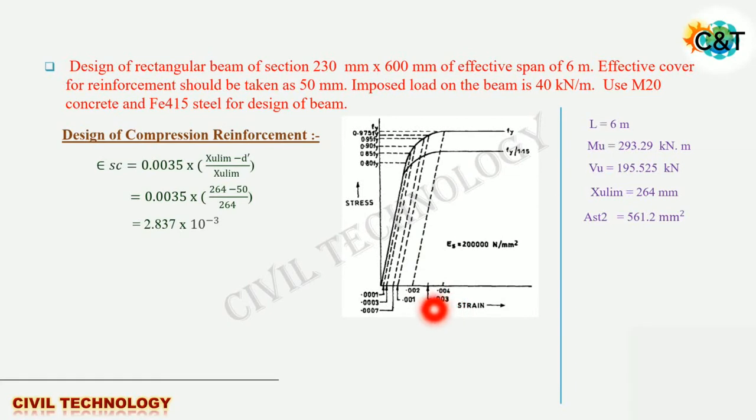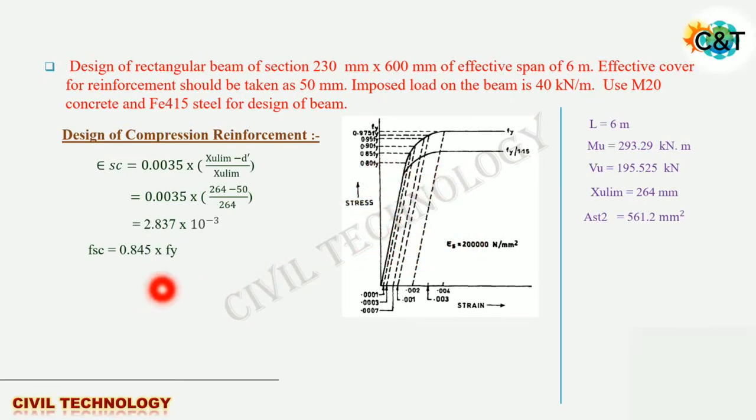If you refer to IS 456, you will get this stress versus strain diagram. Here you have to see where the 2.837 multiplied by 10 raised to minus 3 value falls, and based upon that you select the stress. If you see carefully, you will get the compression stress value as 0.845 times Fy.